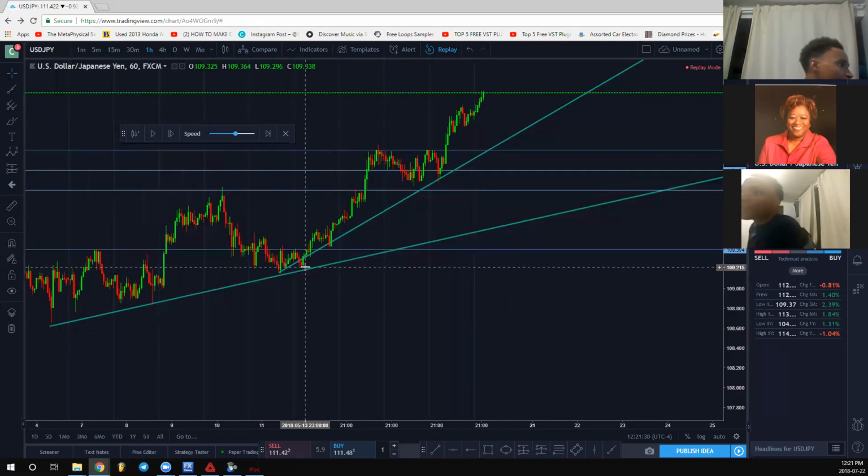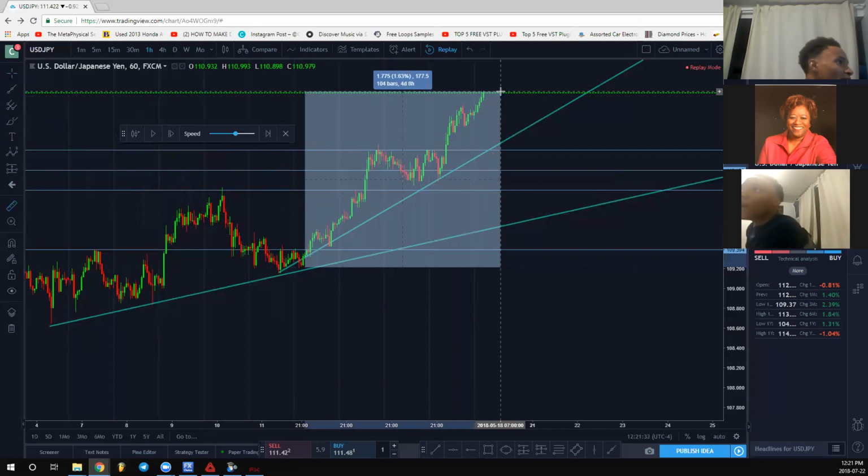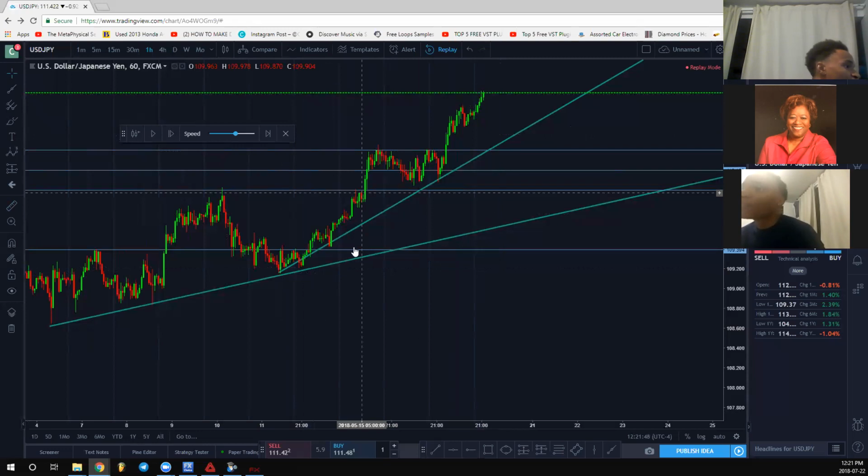If I go shift, you held this whole move for, I said, 104, so 48.96, and you held it for a week. You technically would have gained about 180 pips or so off of this trade, just using this analysis. It didn't break your trend line, so you could have essentially rode it all the way up.